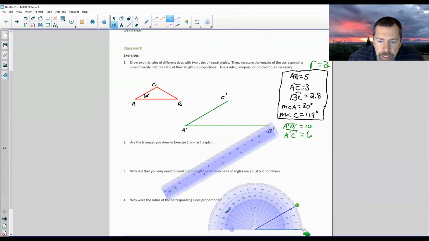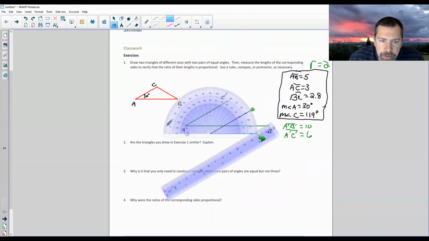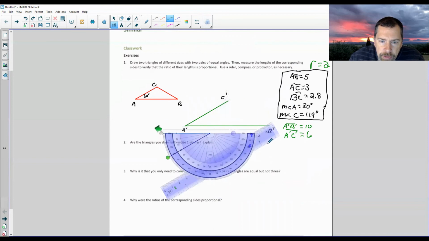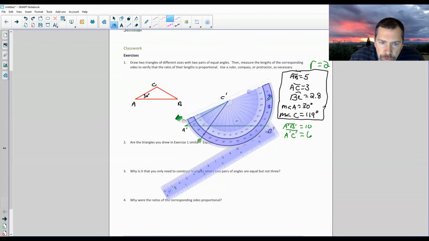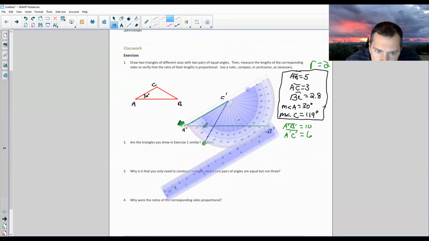Okay, so then if I make another angle, I put this right at C prime, rotate it so that we're right on A prime, like so. Move this around to 30.